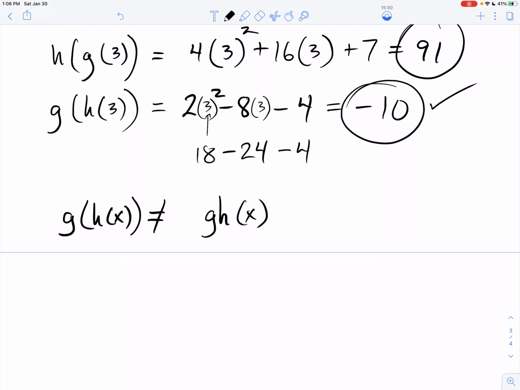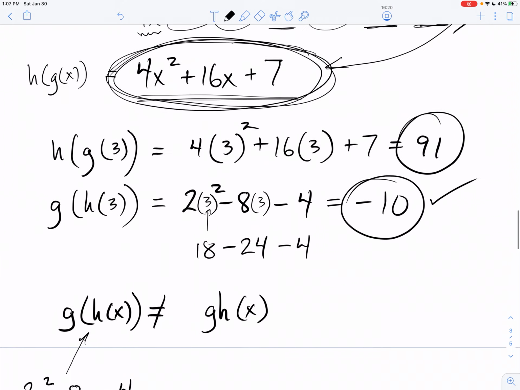Okay, so once again, I already found out what this guy is. That's what g of h of x was. Now g times h of x, let's do this one, because we didn't see anything that had this trick in it in the last lesson, so I'm going to incorporate it into this one. Remember, g has a purpose in life, and h has a purpose in life.